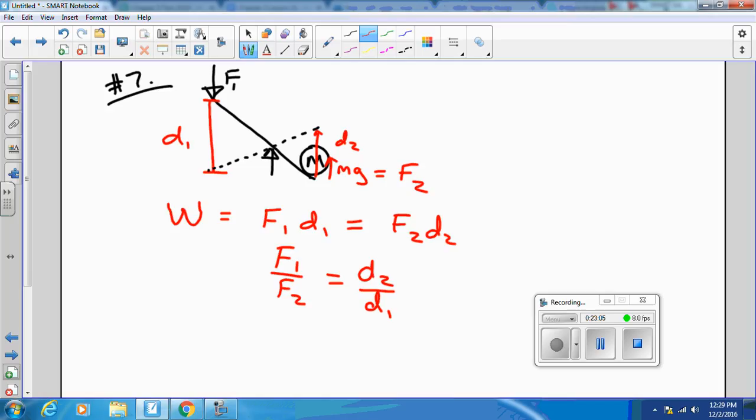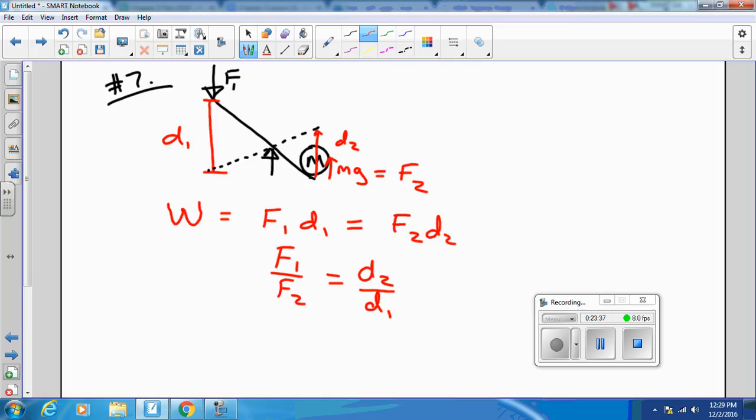The longer d1 is, the smaller F1 is. And the more powerful F2 is, the shorter d2 will be. In other words, what I'm doing with my fulcrum is I'm conserving energy, but I am trading force for distance. The person lifting the rock has to push a longer distance d1, but as a trade-off, he gets to use a smaller force.